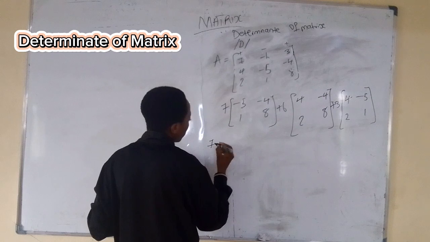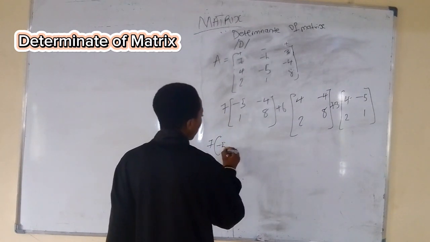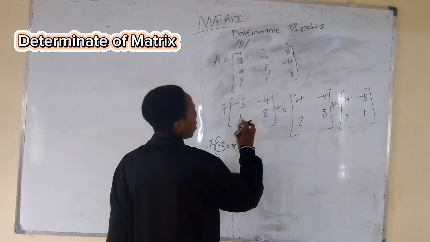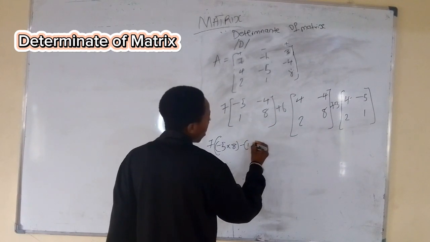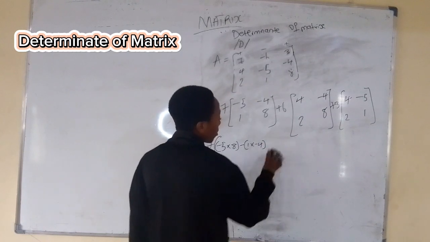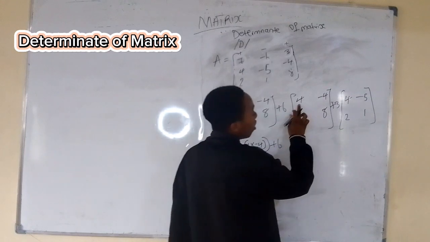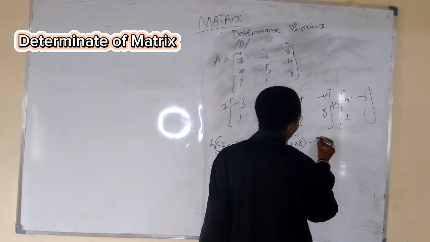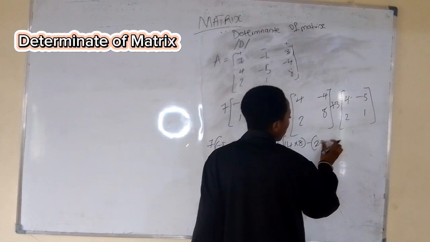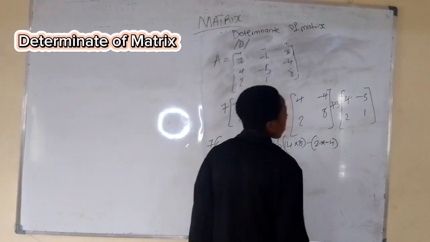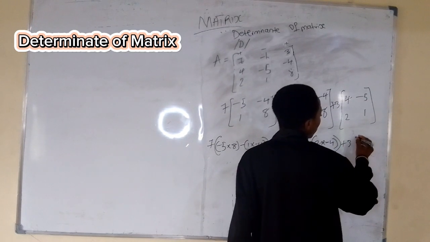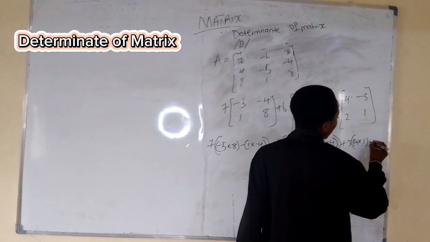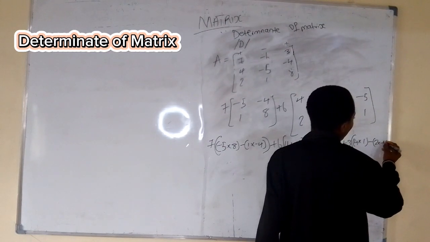So you have 7, open bracket, minus 5 times 8, minus 1 times minus 4, close bracket, plus 6, open bracket, 4 times 8, minus 2 times minus 4, close bracket, plus 3, open bracket, 4 times 1 minus 2 times minus 5.